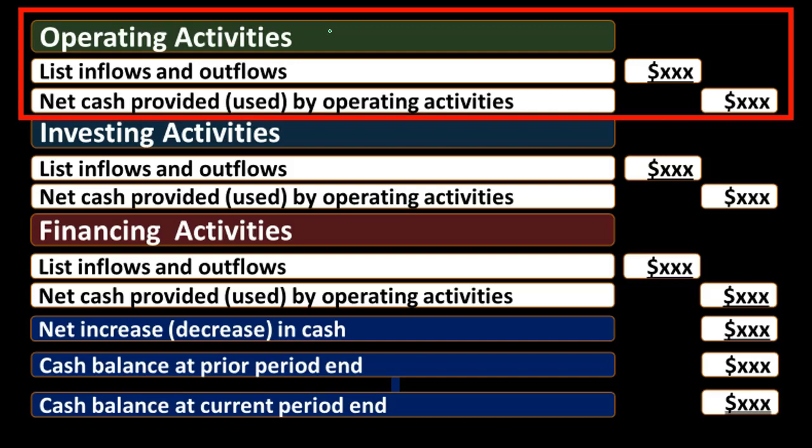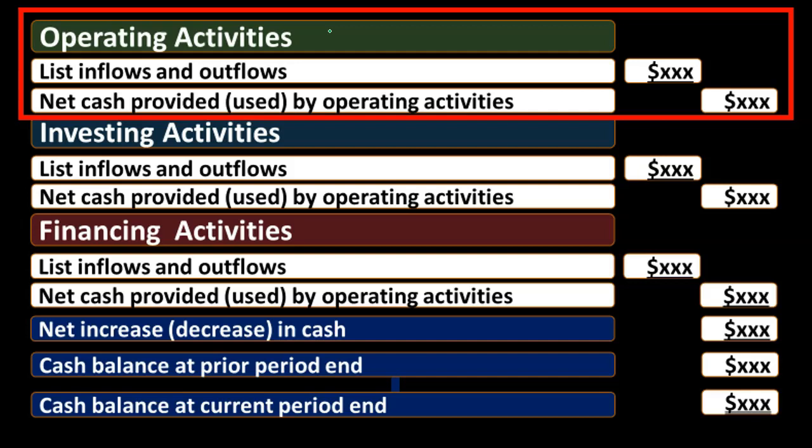However, note that we've already calculated net income on an accrual basis. And so in a sense, it'd be easier for us, and it might make more sense in terms of tying out the two, to start with net income and then reverse the things that are not related to cash. And that's the indirect method.